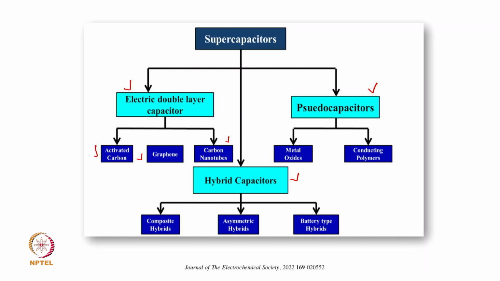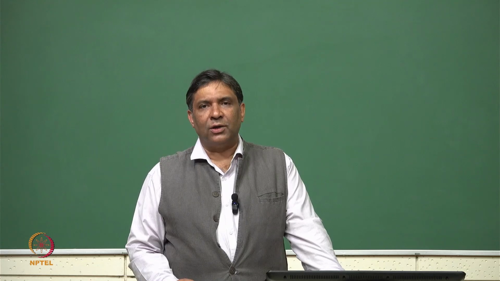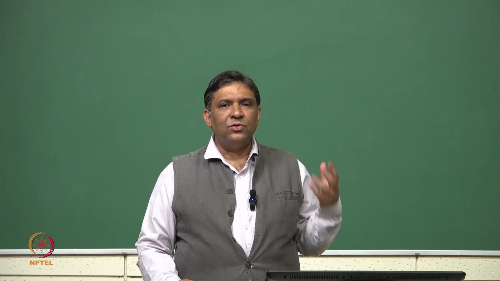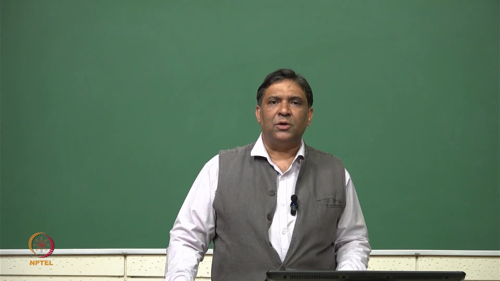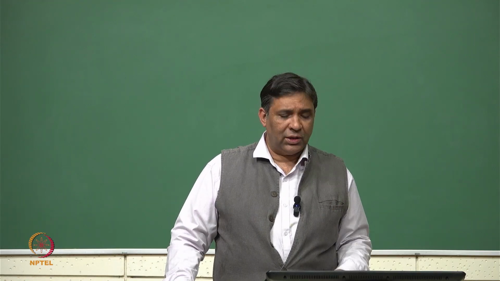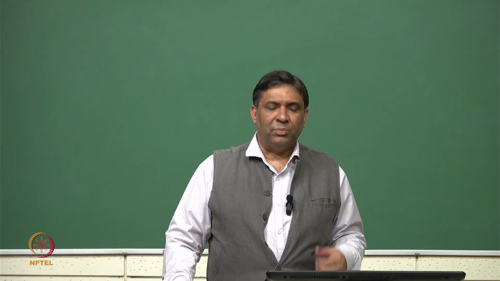These are the different values, along with the micropore sizes, which microscopically control the efficiency of the electrode material, and these are the things we keep in mind when we design a material for a supercapacitor.